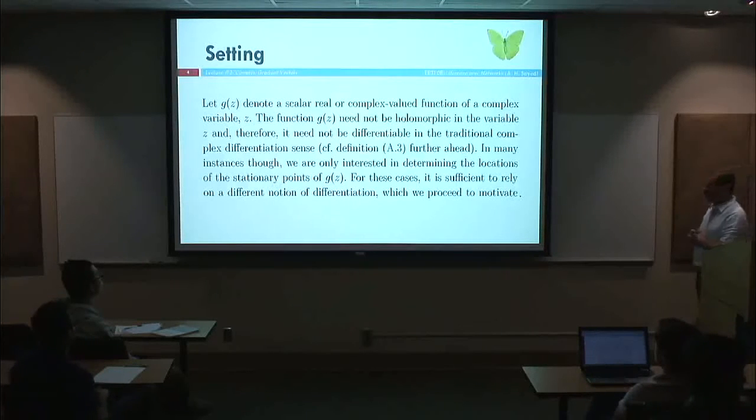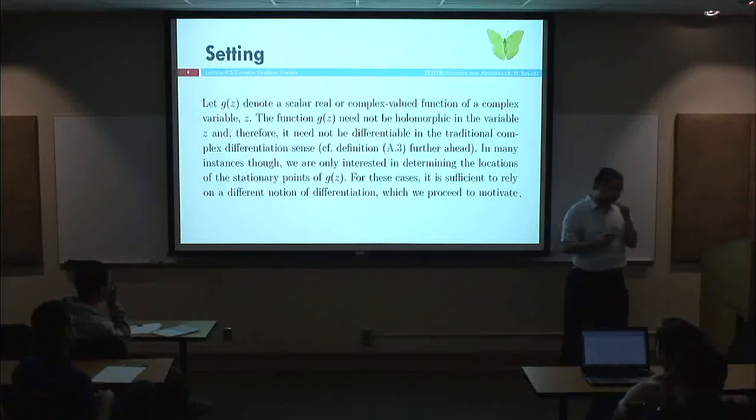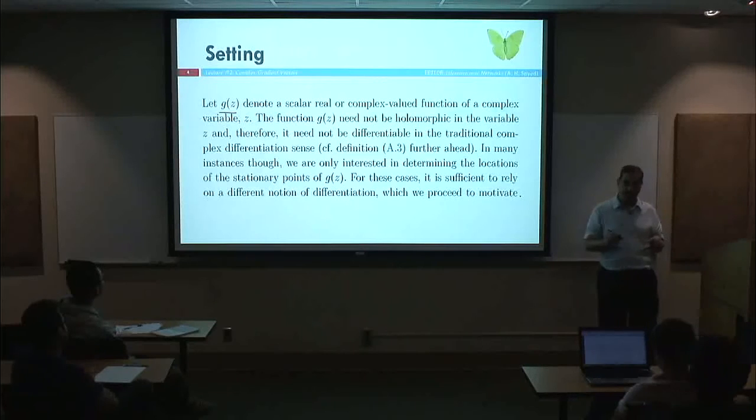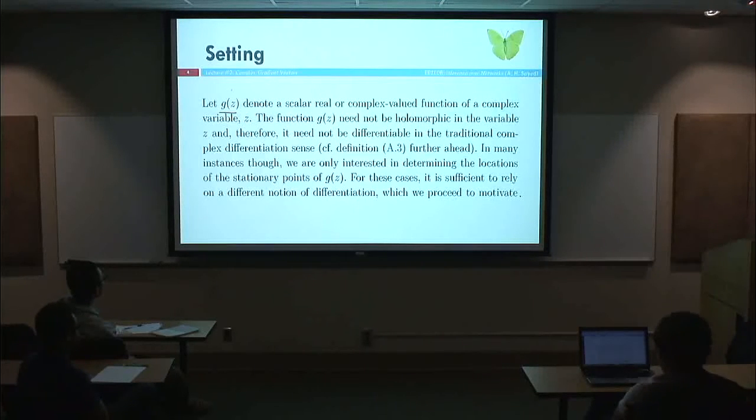So let me start. G of Z is my function. G itself is scalar valued, but this argument Z can be a scalar or it can be a vector, and it can be real or it can be complex.